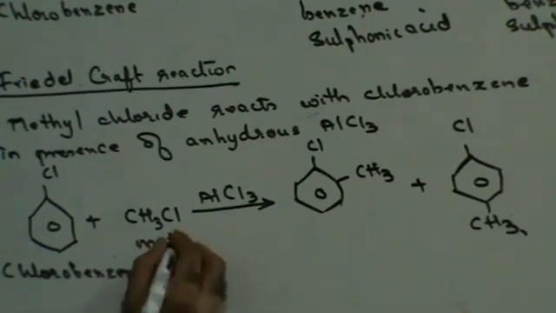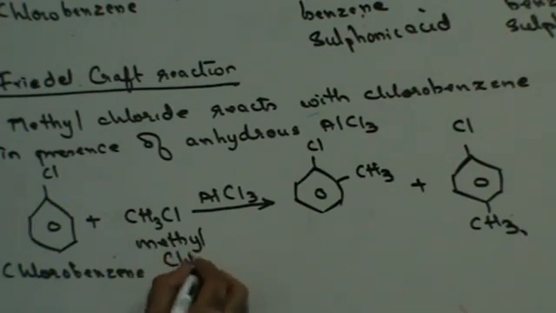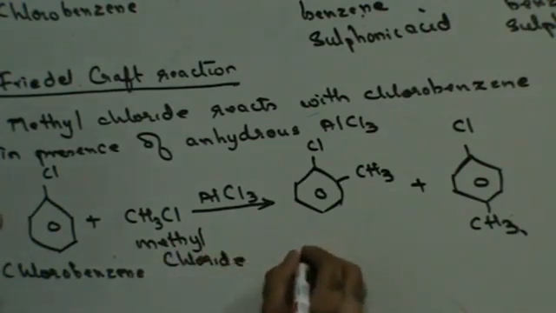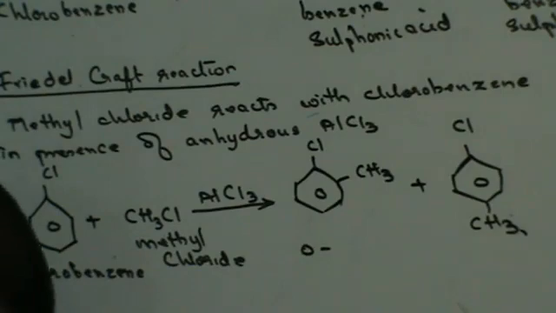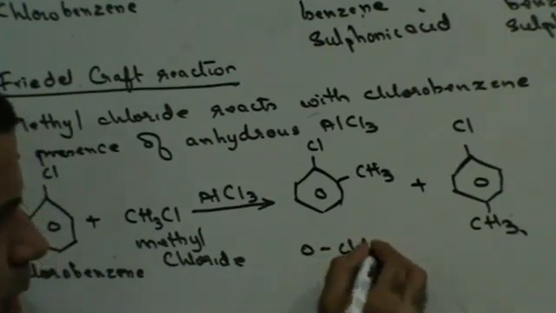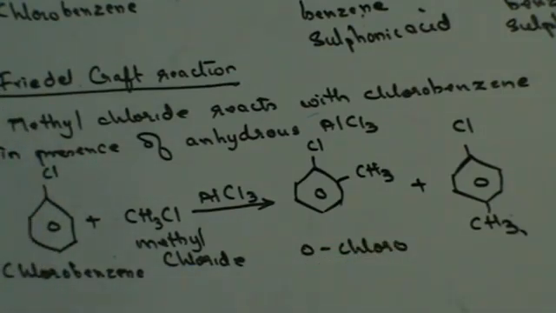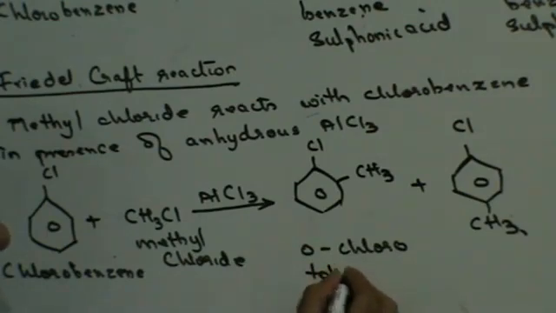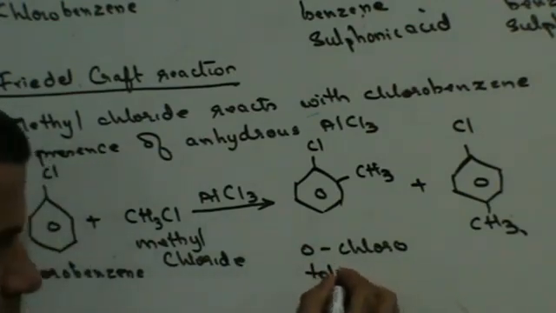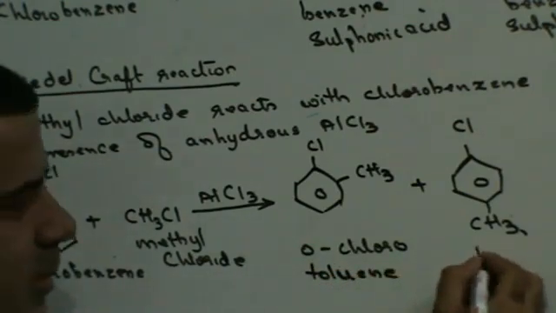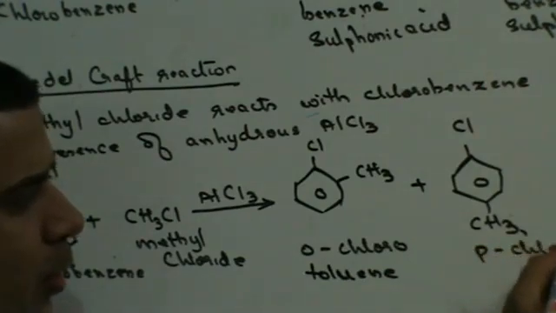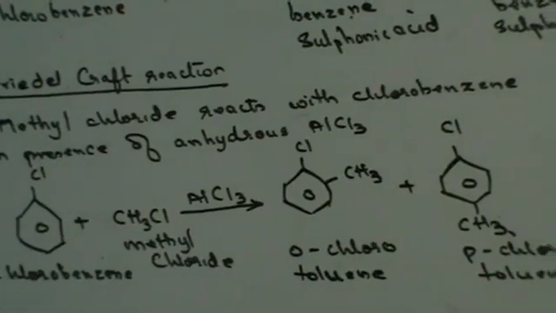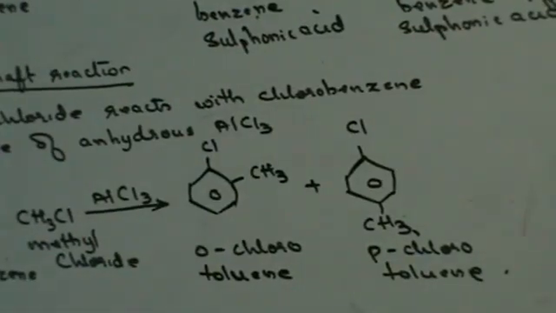This is methyl chloride. This is ortho chlorotoluene. Now, a methyl group with the benzene ring is called toluene. And this is para-chlorotoluene. So that is my Friedel-Crafts reaction.